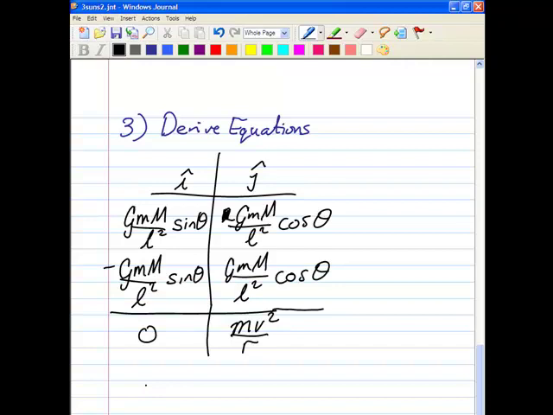Looking in the j-hat direction, because the i-hat direction is not going to matter in this case, we get that 2Gm squared, because both m's are going to be equal, let's just squish them together down to 1 m right now, over L squared cosine theta is going to equal mv squared over r, where again that m is the same m as we were dealing with the other suns. Some of those m's are going to cancel out.